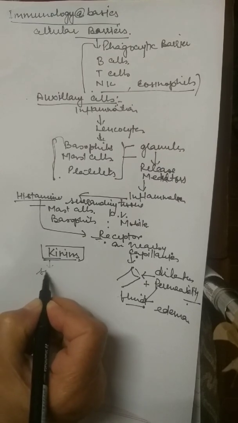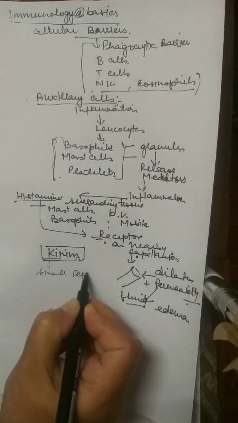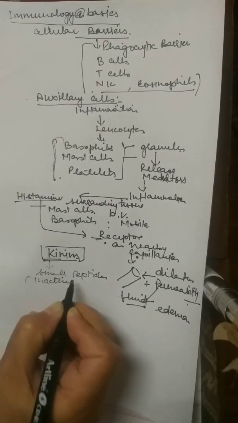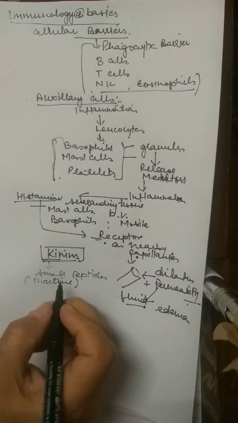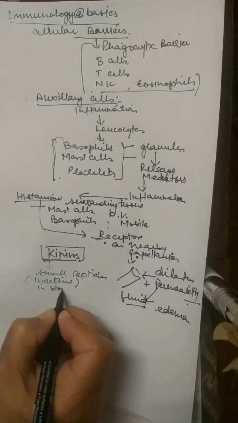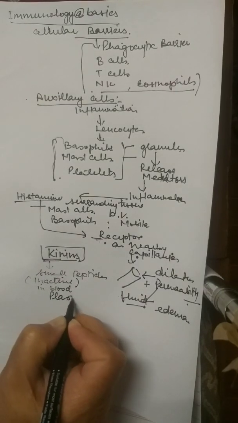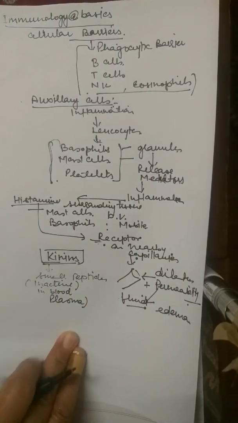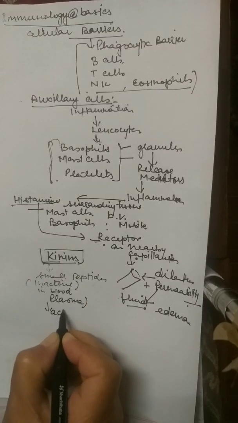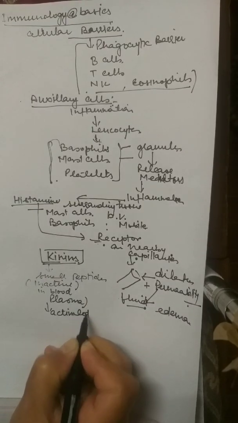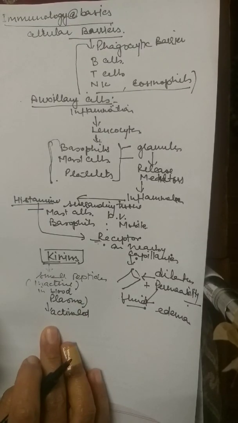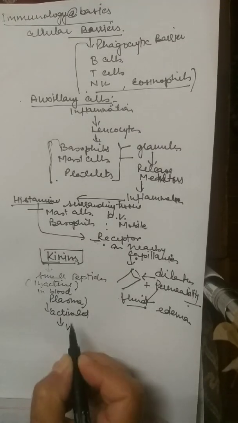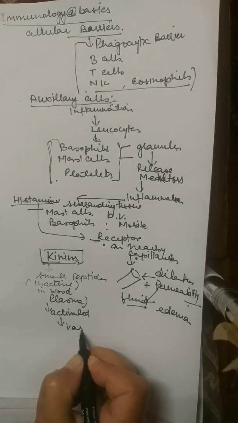These are small peptides, and these are in inactive form. They are present in inactive form in blood plasma, and whenever there is tissue injury, they are activated. They change into activated form, and then they act in a similar fashion as histamine does.